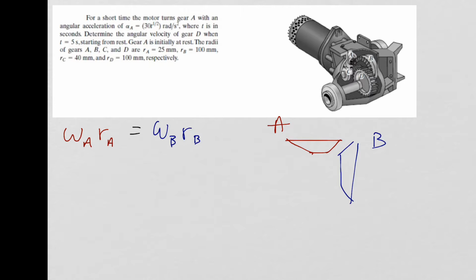And basically C is having the same shaft as B. Okay, so if they are on the same shaft, whatever B has in angular velocity or even angular acceleration, C will have the same value as well.